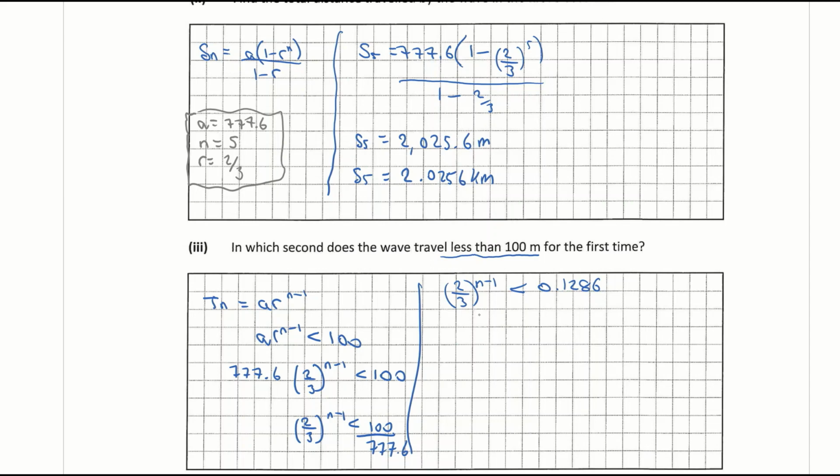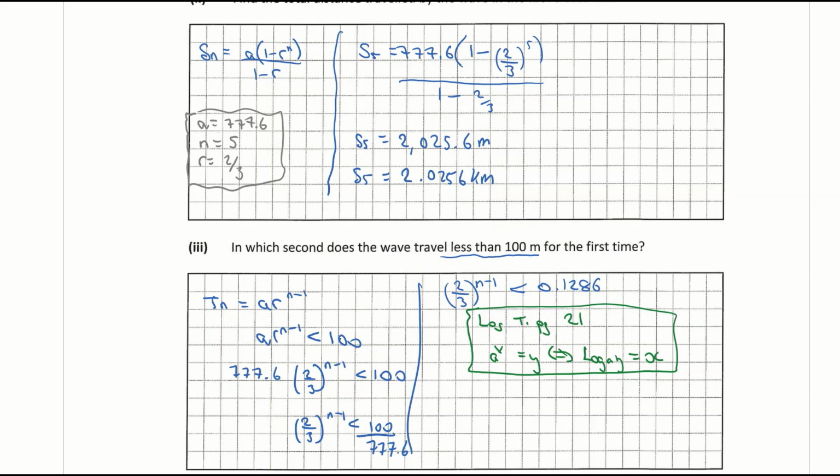Next thing I'm going to do, in order to solve for the power, is use my rules of logs. So page 21 in my log tables, I'm using a to the power of x is equal to y is the same as log base a of y equals x. So I'm using this top right hand corner of page 21 in the log tables.